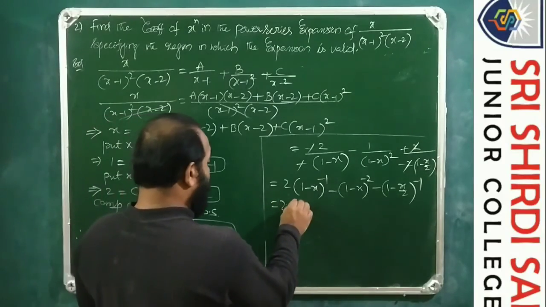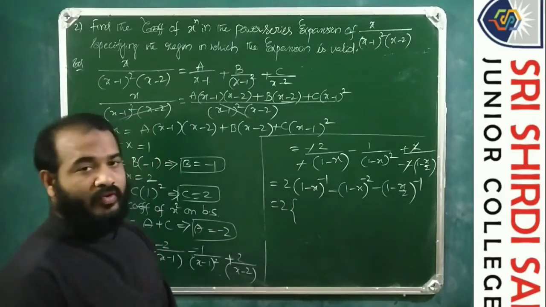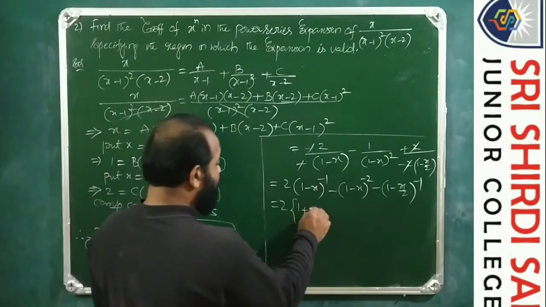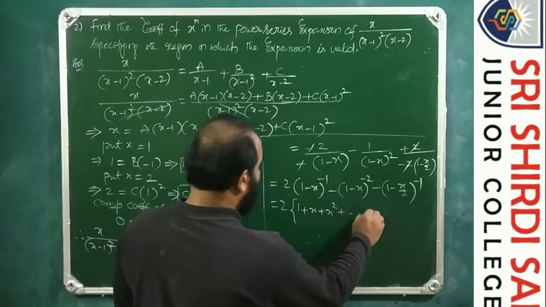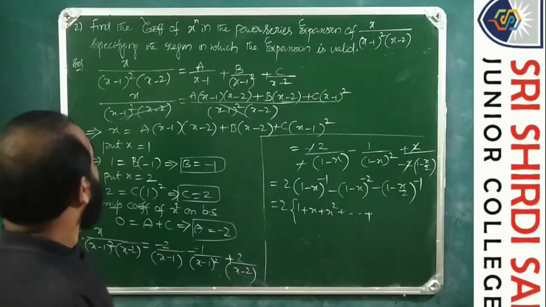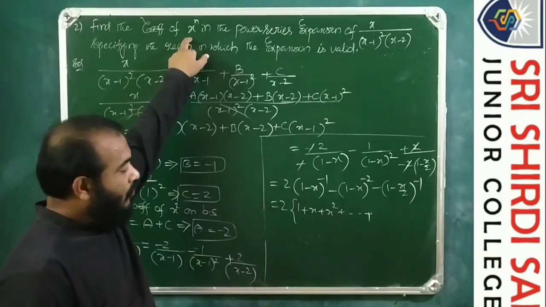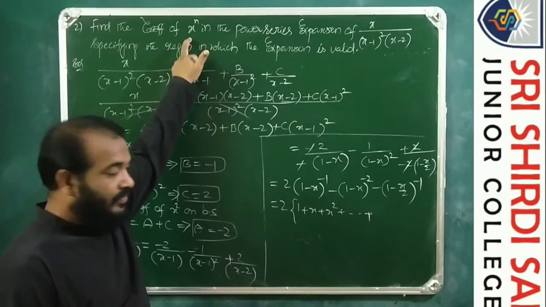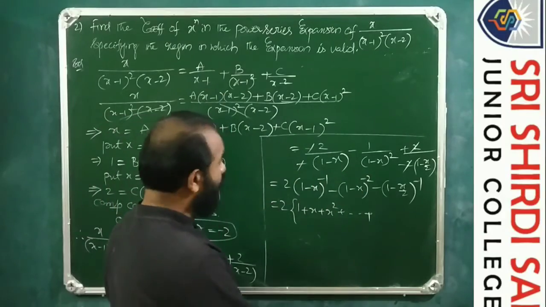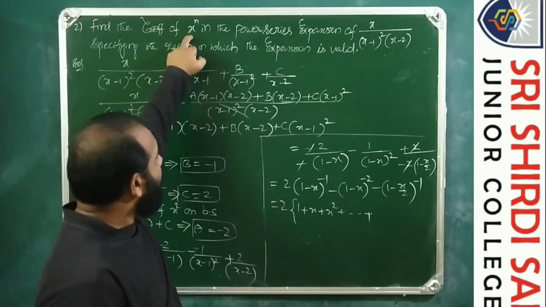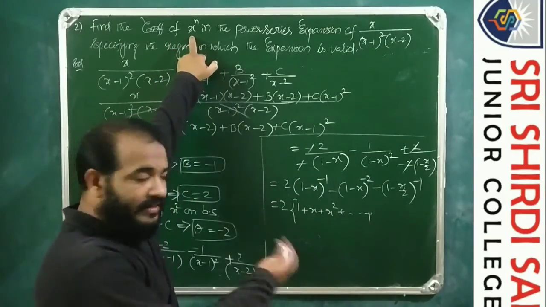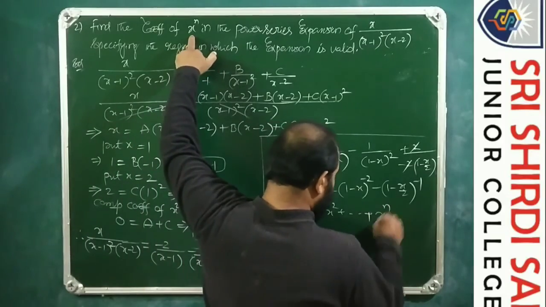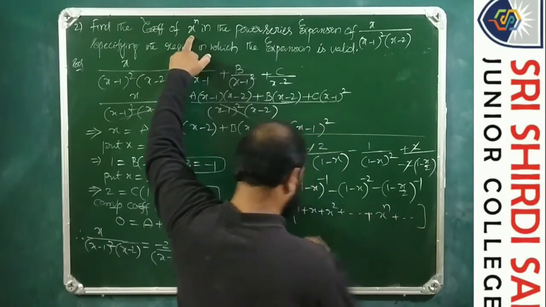So this is 2 into (1 minus x) whole power minus 1, which is 1 plus x plus x square plus etc. We want the coefficient of x power n. The general term is x power k, so the nth term is x power n, and so on.